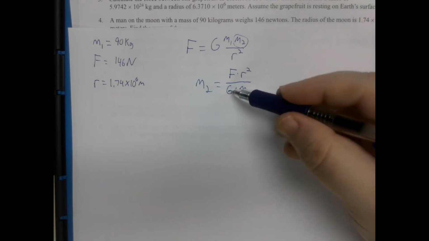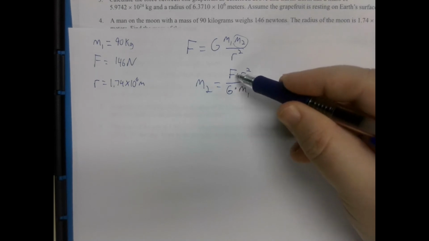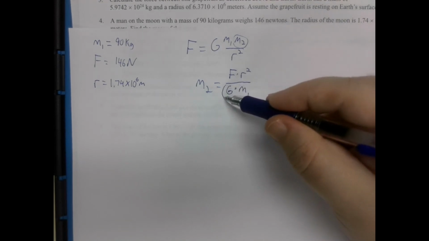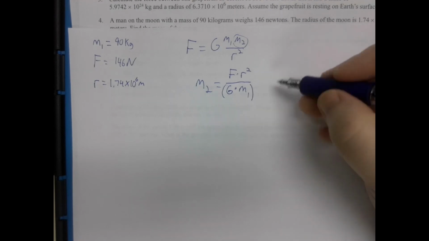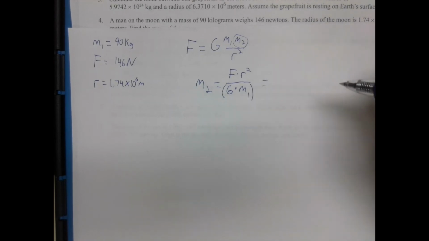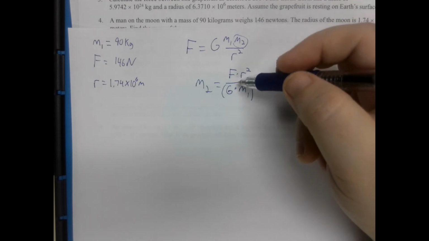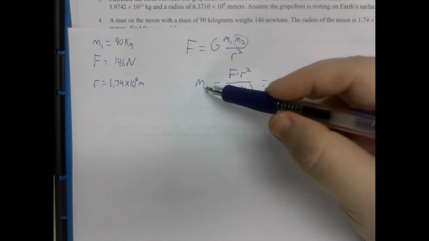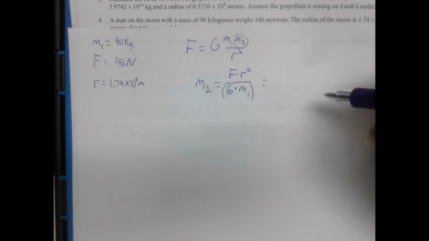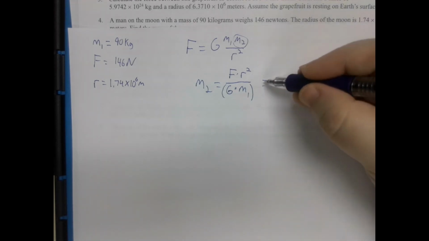Do note that if you have two terms being multiplied in the denominator, you should put them in parentheses. So this is the equation for solving for one of the masses. Again, it doesn't matter what your M1 or M2 was. You can always switch them around.